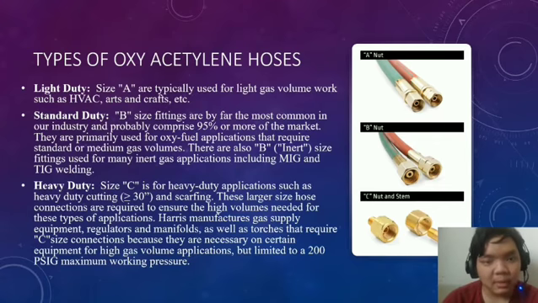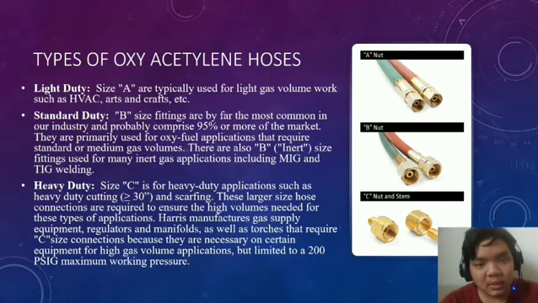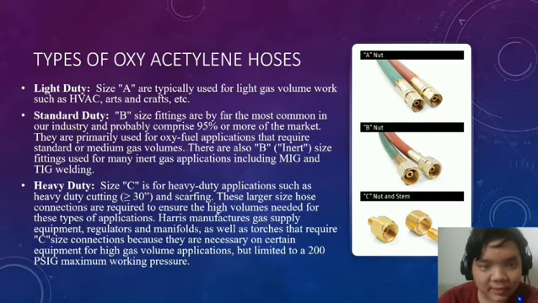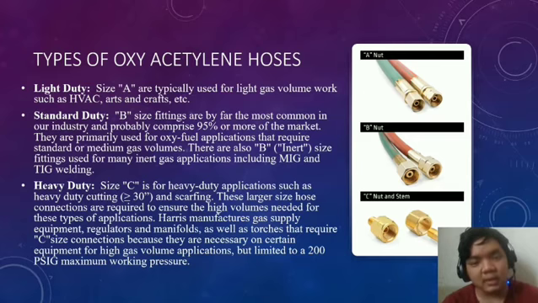They are primarily used for oxy-fuel application that requires standard or medium gas volume. There is also B inert size fitting, used for many inert gas applications, including MIG and TIG welding.